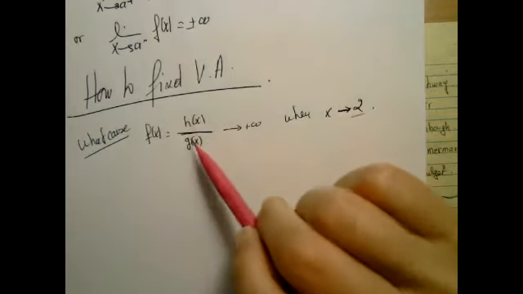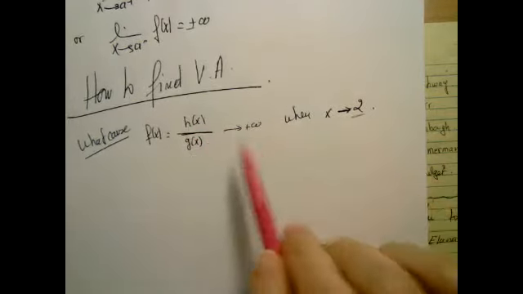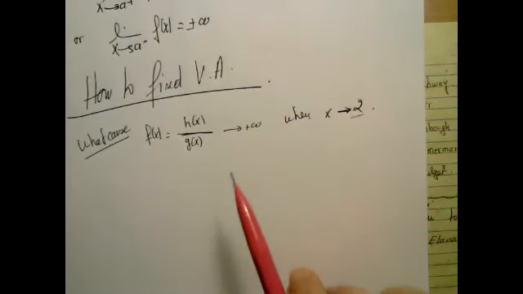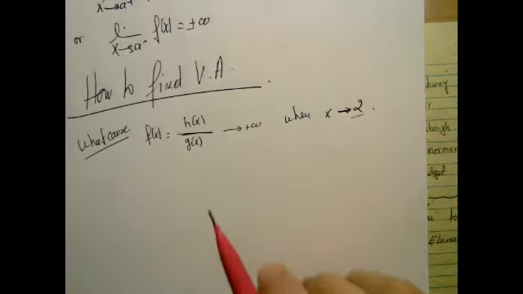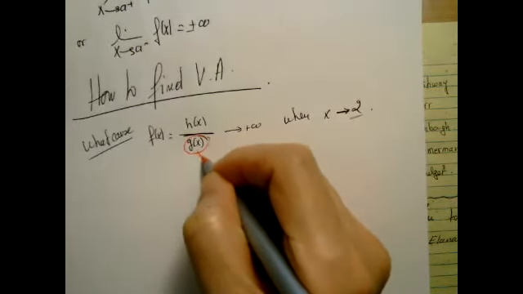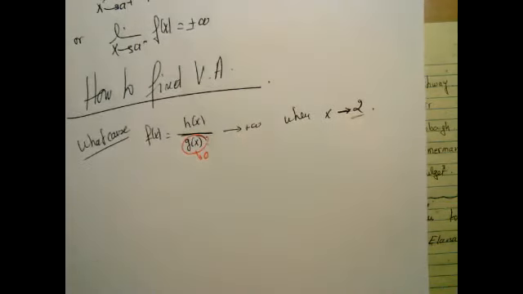What should happen here for the function to go to infinity when x is close to 2? What should happen? One of them should equal 0. Right. What should happen is that, not one of them, g of x. What should happen is that the denominator should become close to 0 in a way.